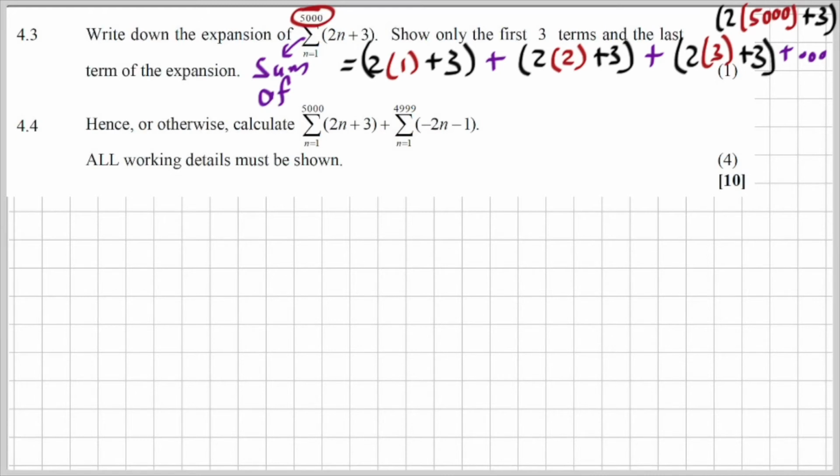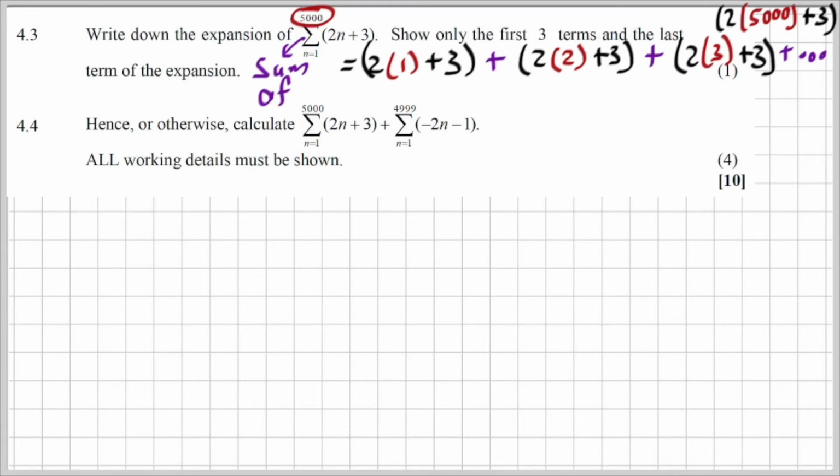Now I love to do this. Write out the first 3 terms and the last term if necessary. How do I know if it's necessary? You don't really, unless you want to use the a plus l formula.